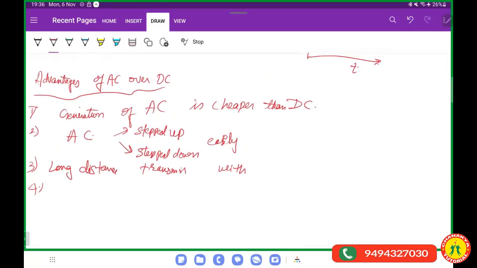Well, DC doesn't have rotating magnets, so it just goes into a single path, while AC, using these rotating magnets, you can change the flow. So we can easily step up without appreciable loss. We can write like this: appreciable loss.